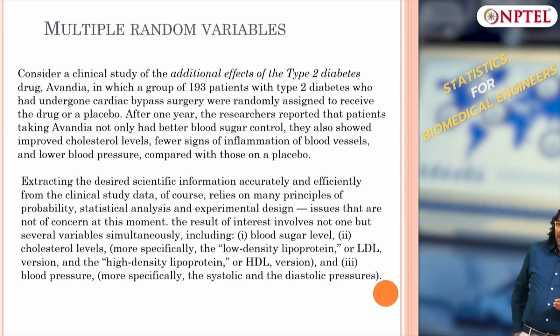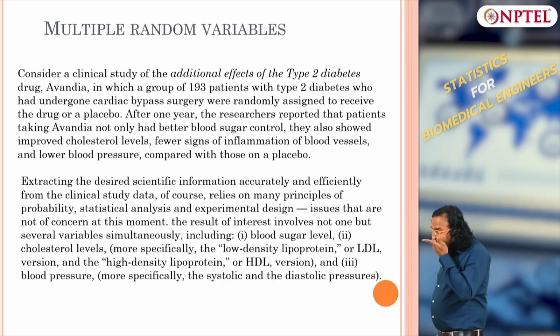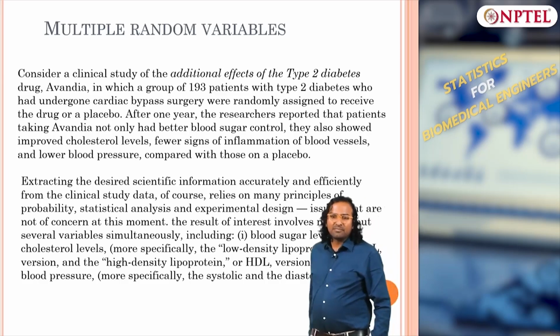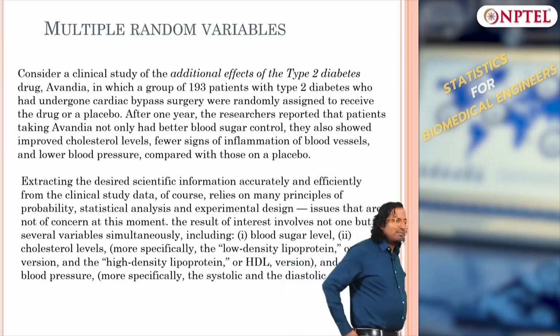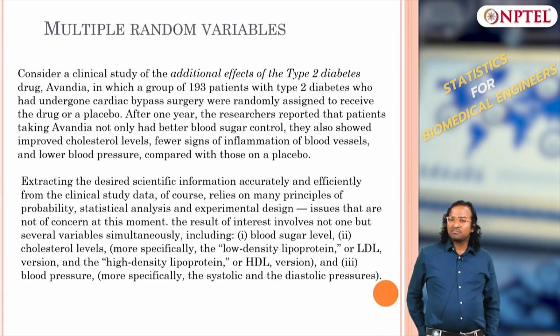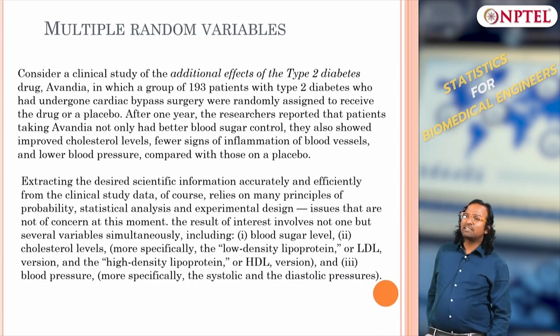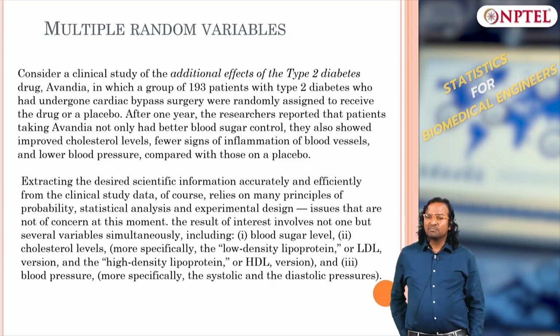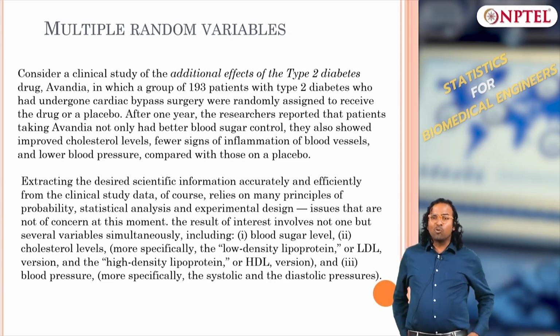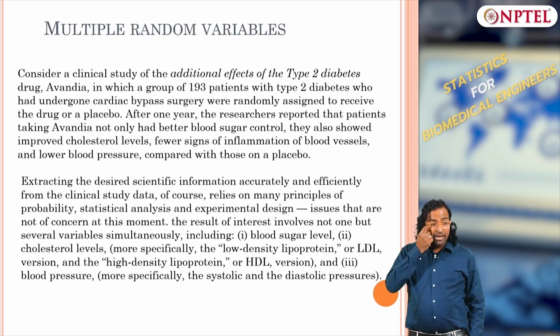When we talk about multiple random variables, give me an example, a biomedical example. Blood test, what is the multiple random variable here? You are looking at various parameters as output. The other way to put it is, let us say one effect, one symptom or one disease is influenced by multiple parameters or multiple variables.